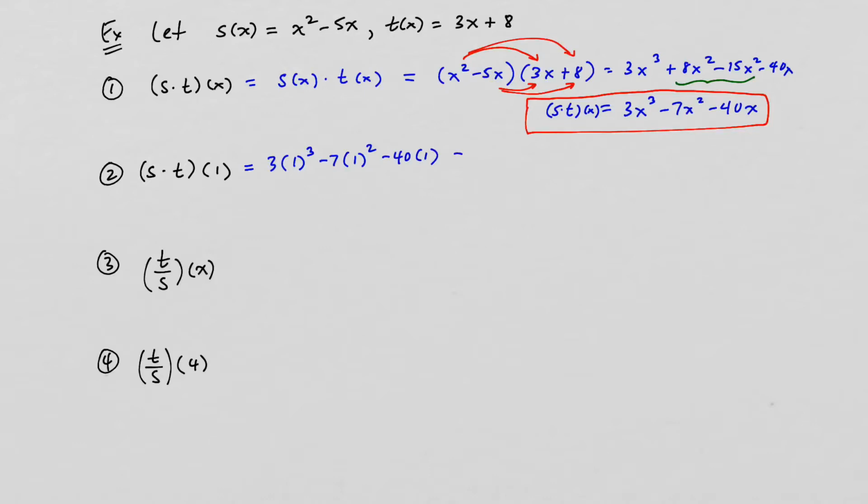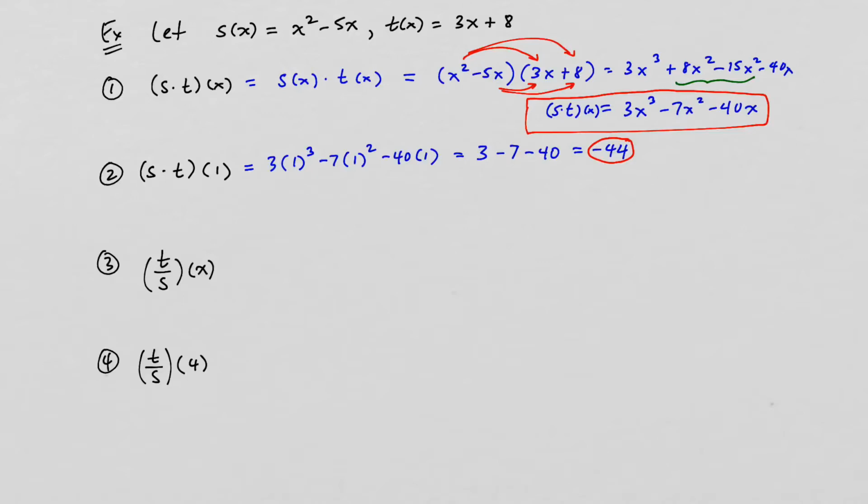If you do the math here, 1 cubed is 1, so you get 3, minus 1 squared is 1 times 7 is 7, so minus 7. And then minus 40 times 1 is 40. And this ends up being negative 44. And so that is the value of s times t of 1.